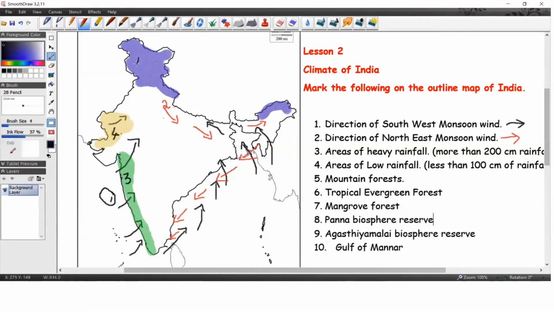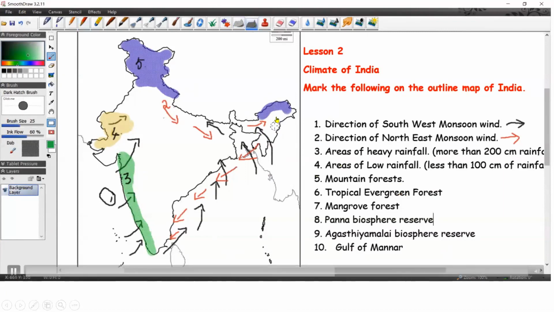Then tropical evergreen forest. Actually, the areas that get more than 200 centimeters of rainfall have tropical evergreen forest. So the same west coast of India and here the northeastern part have tropical evergreen forest.